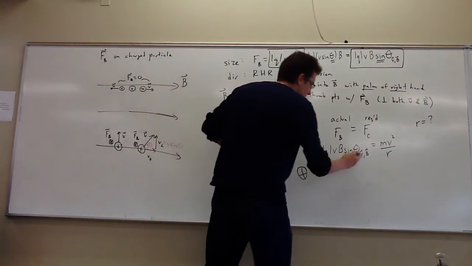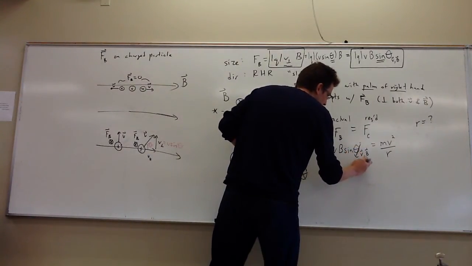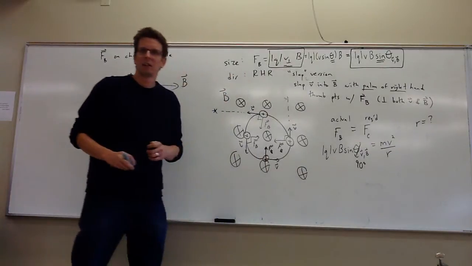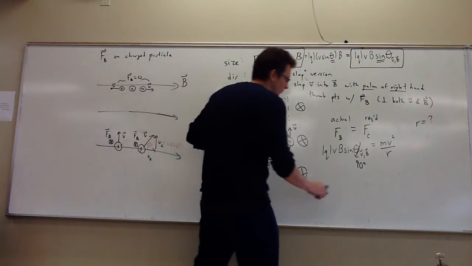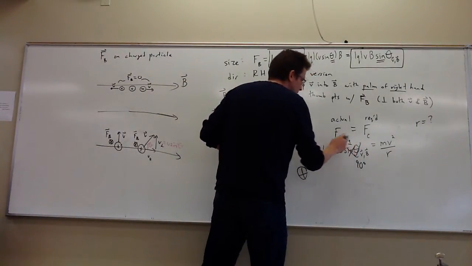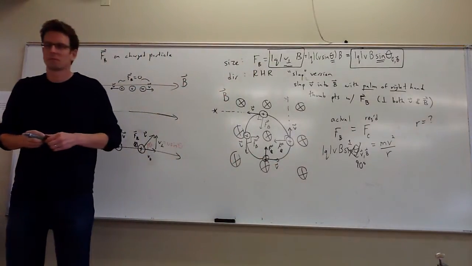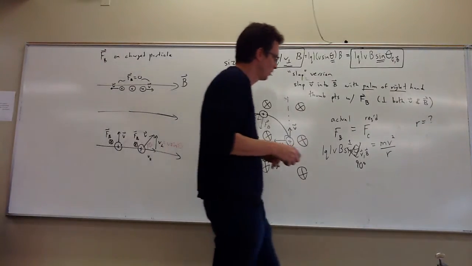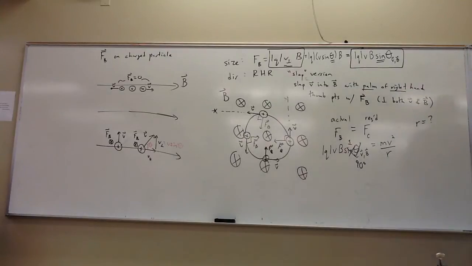So this is 90 degrees at all times. And sine of 90 is 1. So even as the particle is deflected off of its initial trajectory, it stays perpendicular to the field. It circles around the field lines. We can cancel off V.